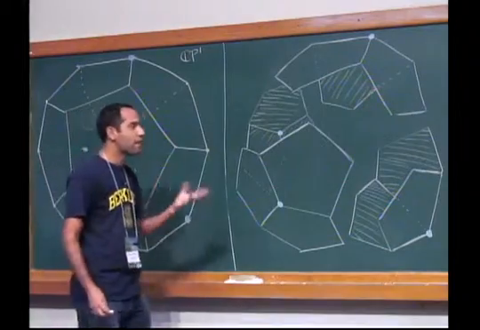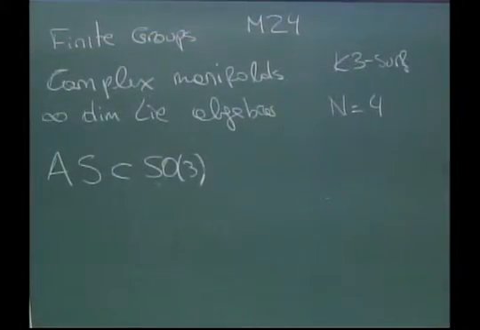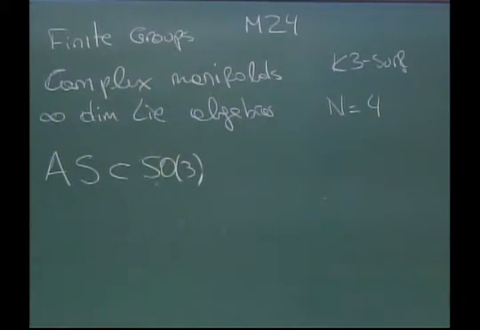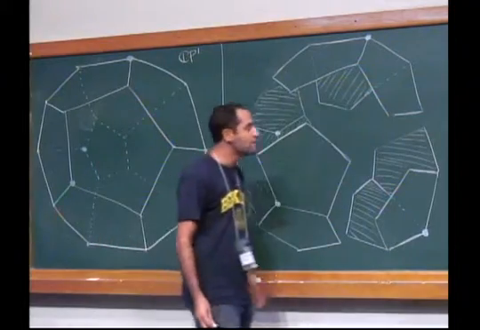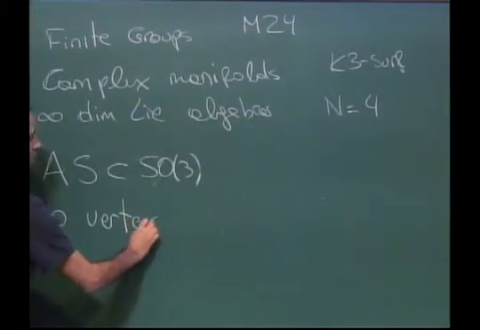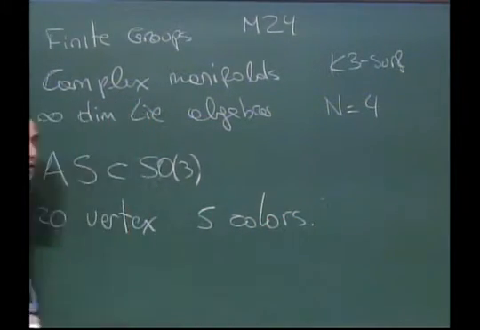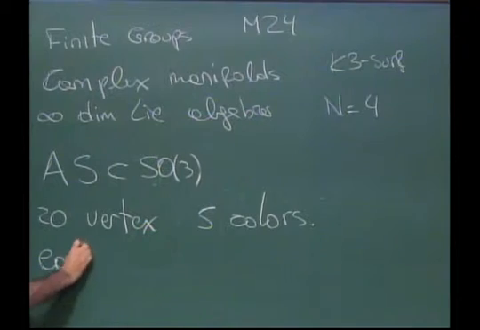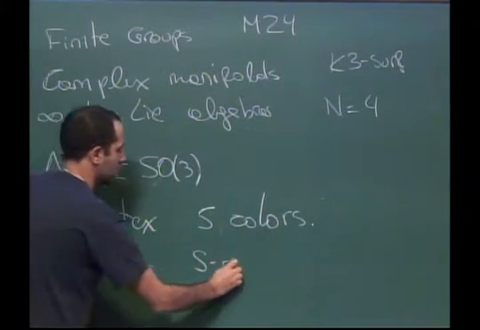And what are the 5 things that are being permuted? This is as follows. In order to find what are the 5 things that this A5 is permuting, you look at colorings of the 20 vertices with 5 colors. And the condition is that in each face, you have the 5 colors.